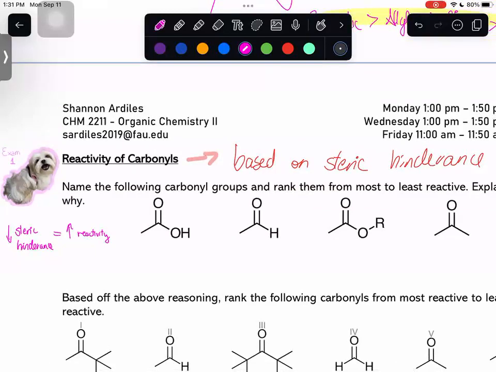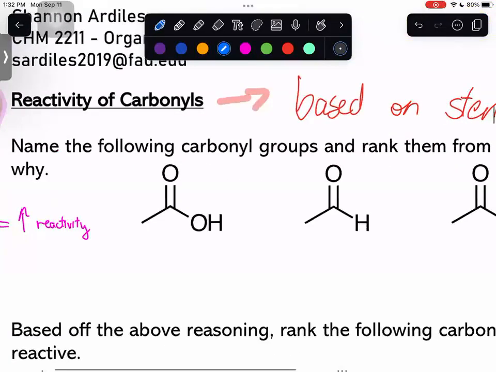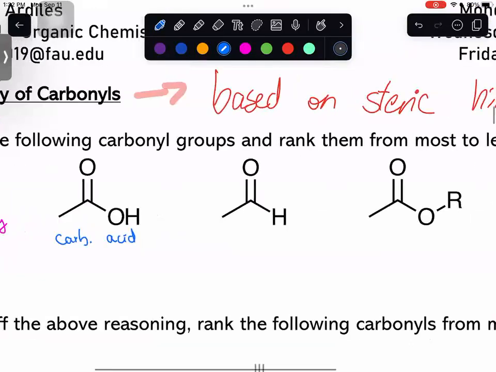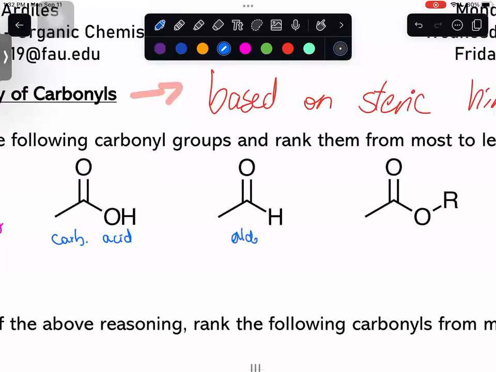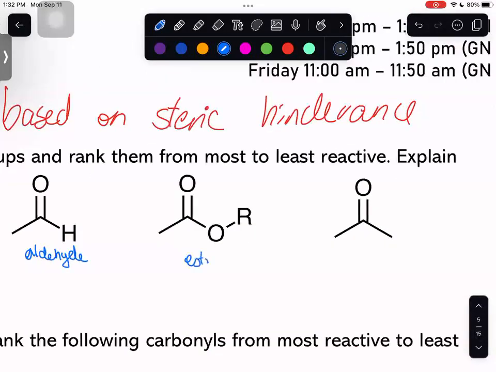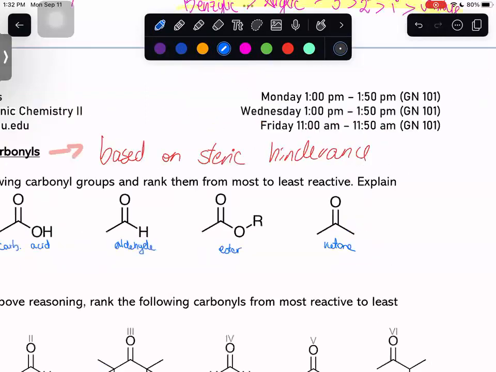And actually, let's write down the names, just in case. Acid, next one is your aldehyde. We have our ester. And we have our ketone that looks like a key.